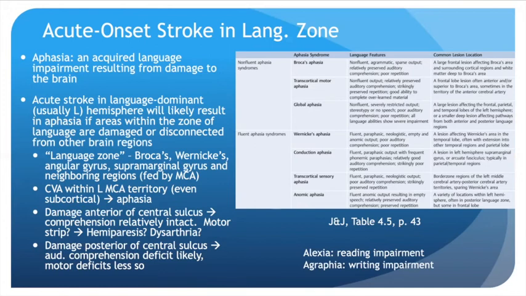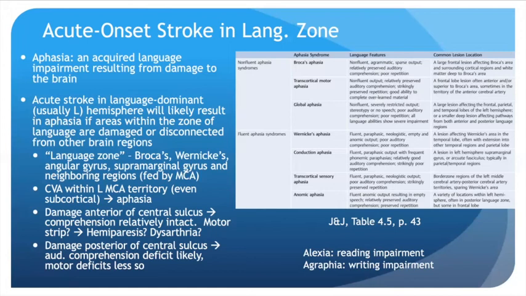So acute stroke and language dominant, usually left hemisphere, will likely result in aphasia if the areas within the language zone are damaged or disconnected from other brain regions. The language zone includes Broca's area, Wernicke's area, the angular gyrus, the supramarginal gyrus, and the neighboring regions fed by the middle cerebral artery. A cerebrovascular accident or stroke within the left MCA territory, even if it's subcortical, can result in aphasia.